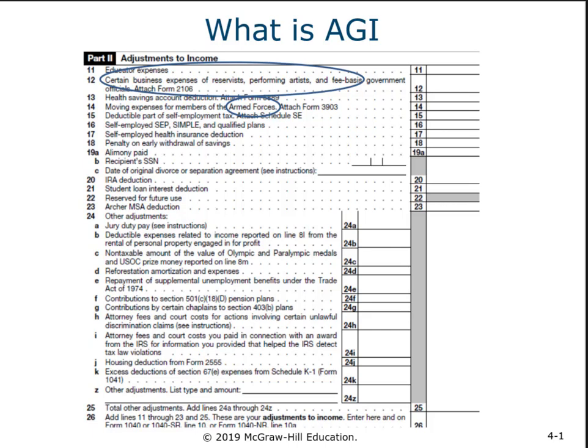So a for AGI deduction impacts taxable income in two ways. It is subtracted from AGI, and therefore our taxable income goes down, but it also may make it so that other amounts are not deductible or are deductible, depending on the situation. And so it might have a double impact.